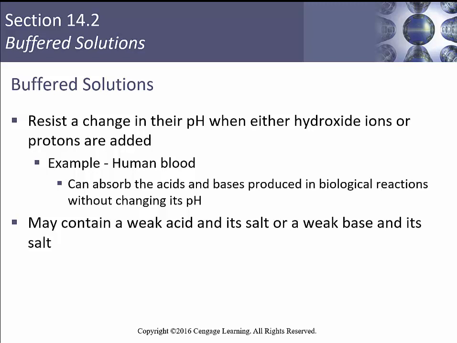It doesn't matter whether it's coming from the weak acid and its salt, or a weak base and its corresponding salt, or you added in a weak base and a weak acid together, or you took some weak acid and added in some strong base and converted that into its conjugate weak base, or you started off with a weak base and added a little bit of acid to make the conjugate weak acid. As long as you have significant amounts of a conjugate acid and its corresponding conjugate base, you have a buffer.